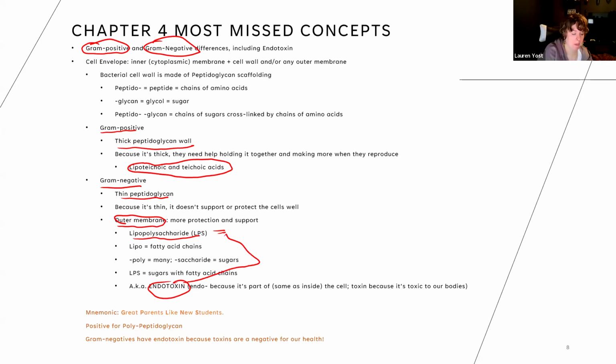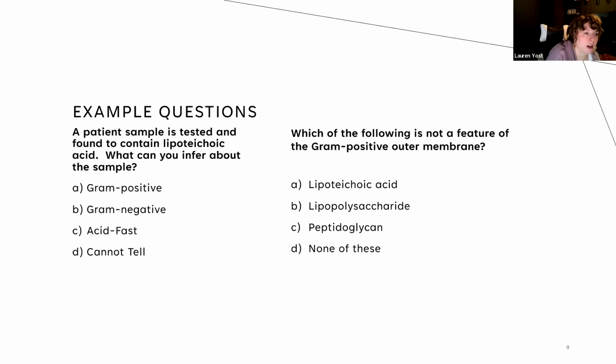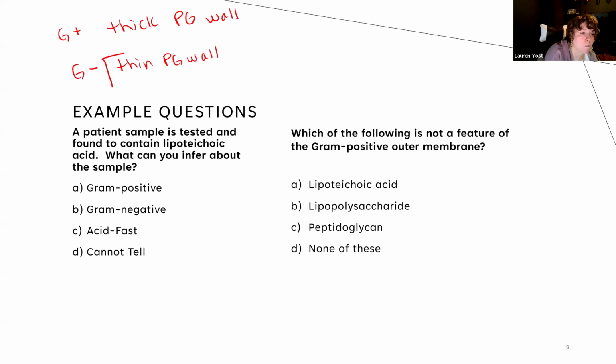All right, we'll do gram positive, thick peptidoglycan wall. Gram negative, thin peptidoglycan wall, and outer membrane.